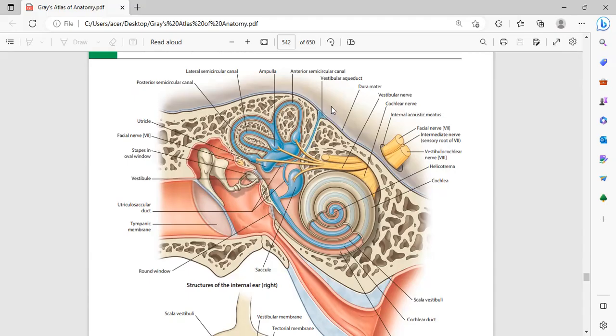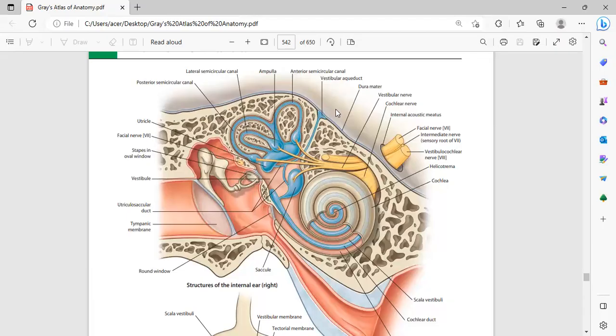Since it's connected to the membranous labyrinth, endolymph can communicate with the CSF through this vestibular aqueduct. So endolymph here can drain into the CSF through this vestibular aqueduct.